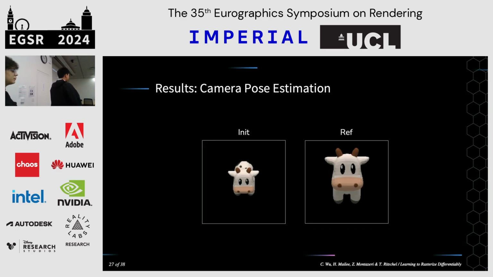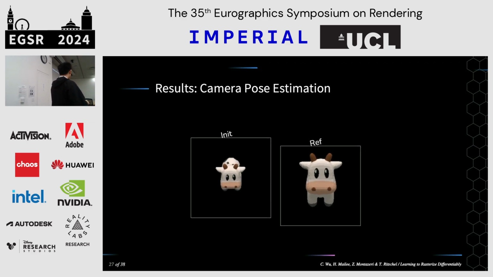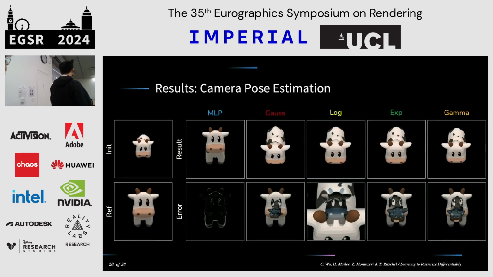So they will decay the softness from a large value to a small value. But for MLP, it's difficult to find a precise parameter set to get large or small softness, but we can directly update the parameters of MLP with gradients along with the optimization.